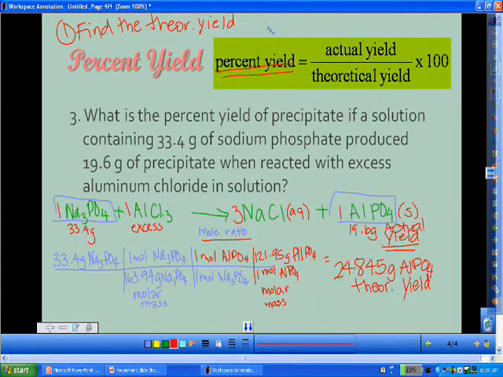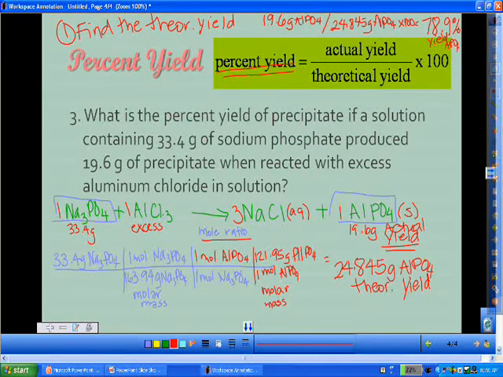So we're going to place our actual yield first, 19.6 grams of aluminum phosphate, divided by 24.845 grams of aluminum phosphate. And we will multiply this by 100, and we find that our percent yield is 78.9% percent yield of aluminum phosphate.